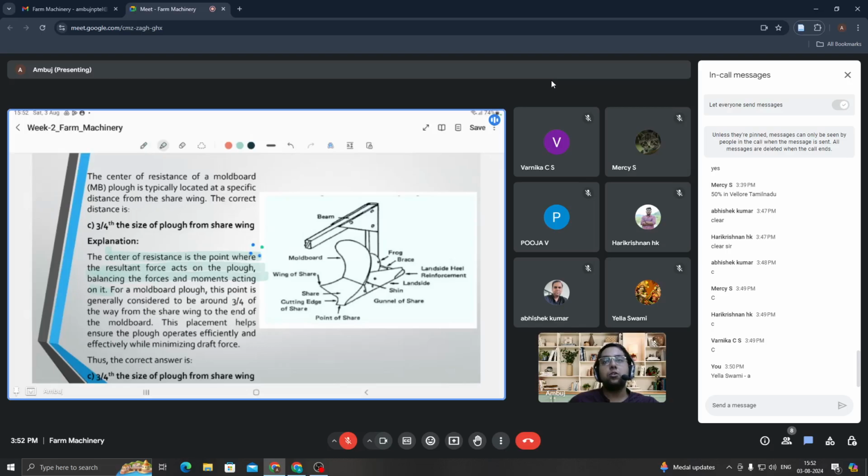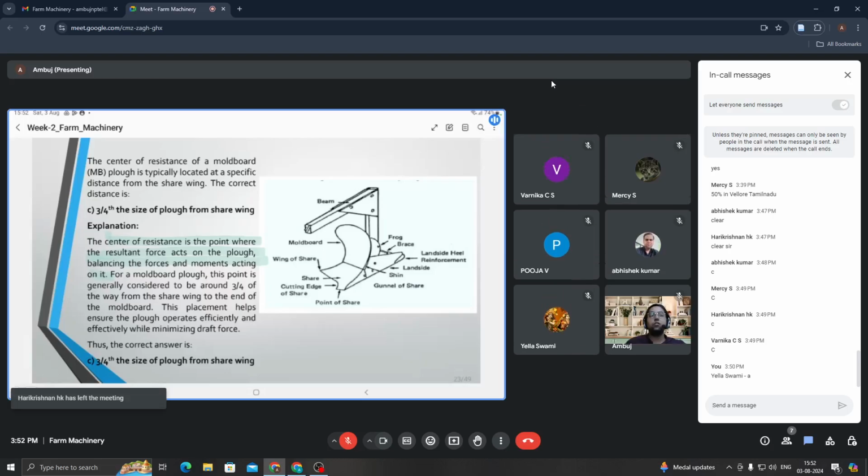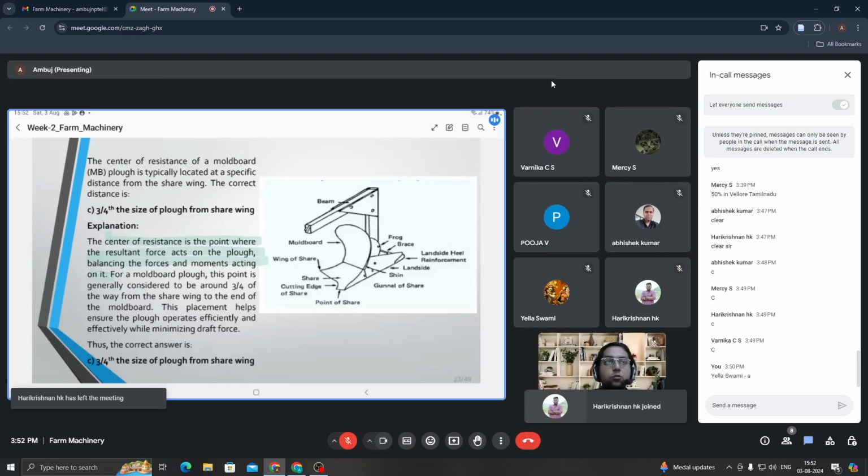For a moldboard plow, it is generally considered around 3/4 the way from the shear wing to the end of the moldboard. From the shear wing to the end of the moldboard, you have to take 3/4 of the distance. That would be my center of resistance. This placement helps to ensure the plow operates efficiently and effectively while minimizing the draft force.